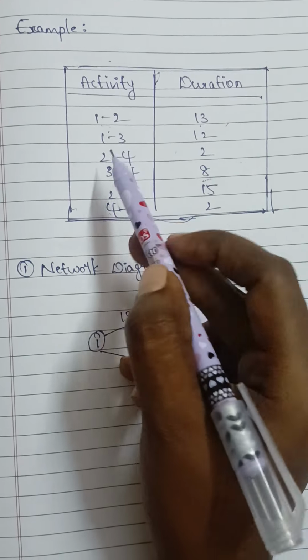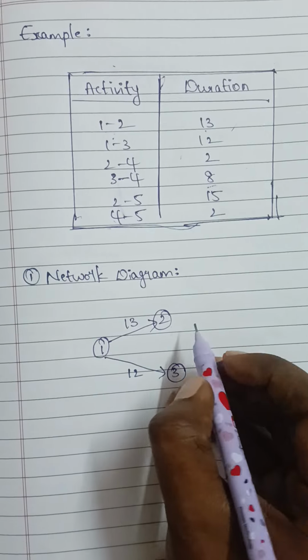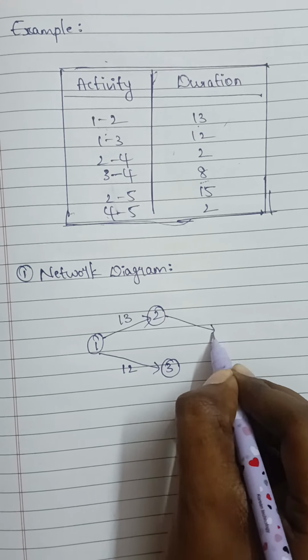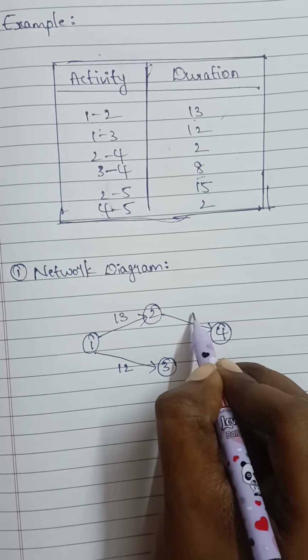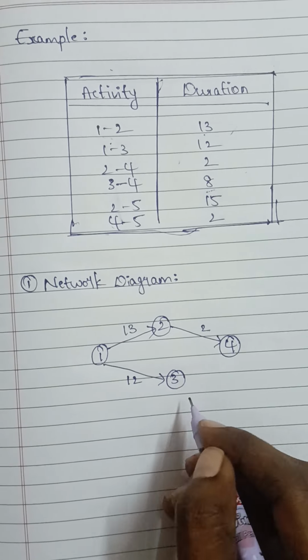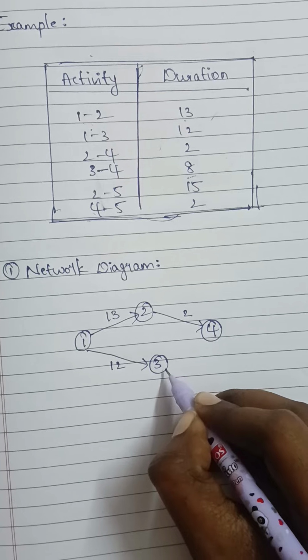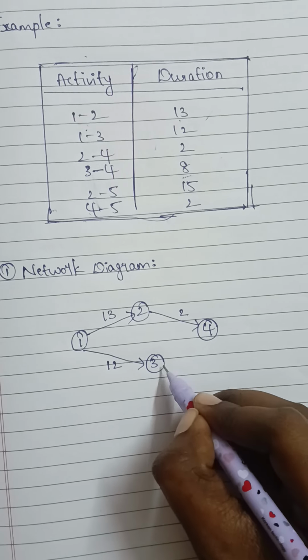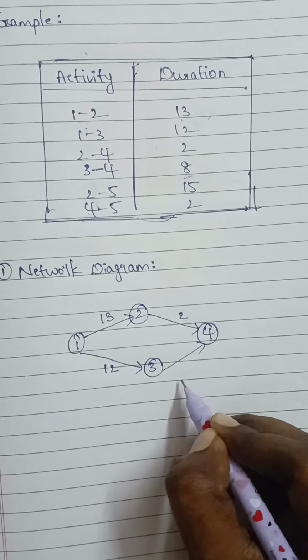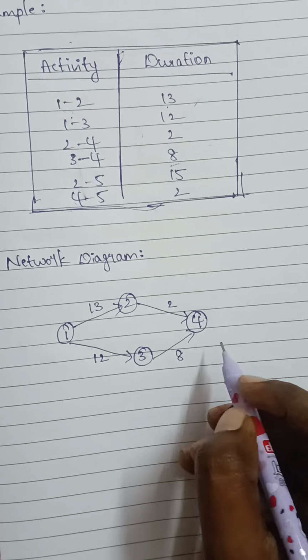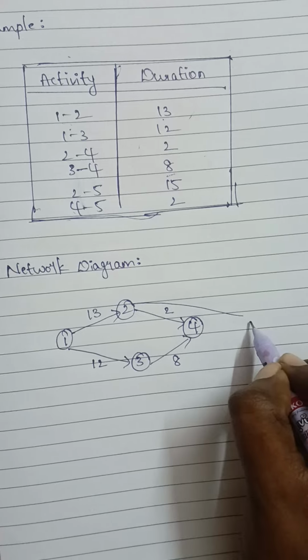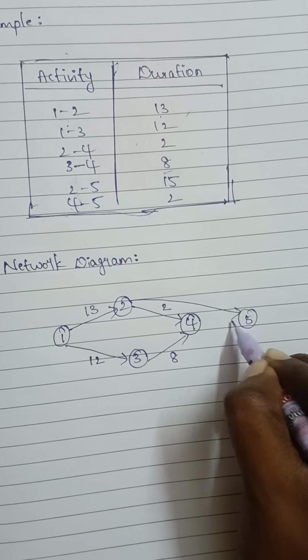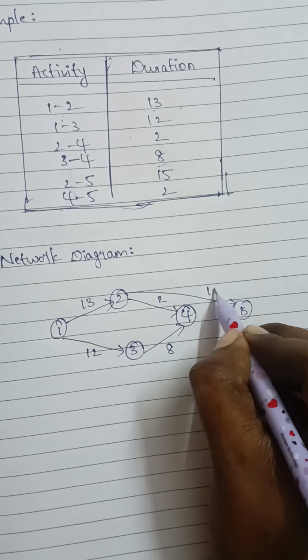Next activity we have 2 to 4, and the duration for 2 to 4 is 2. Next we have 3 to 4, and the duration is 8. Next we have 2 to 5, and the duration for 2 to 5 is 15.